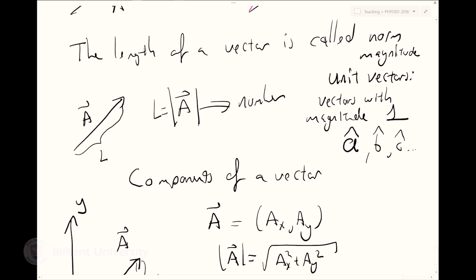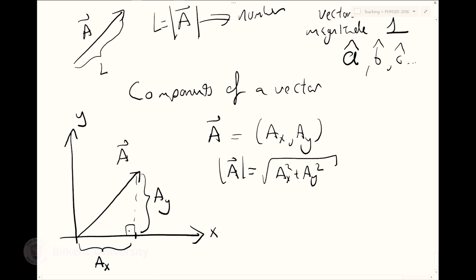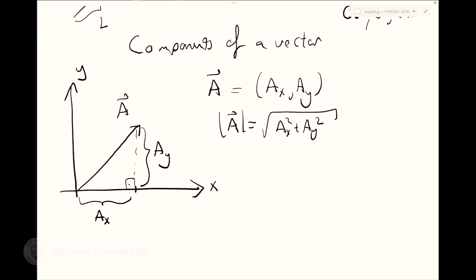All right? Now, here's what I'll do. So the unit vector's magnitude I know, but its direction can be anything. So unit vectors are generally used to specify directions. Okay?